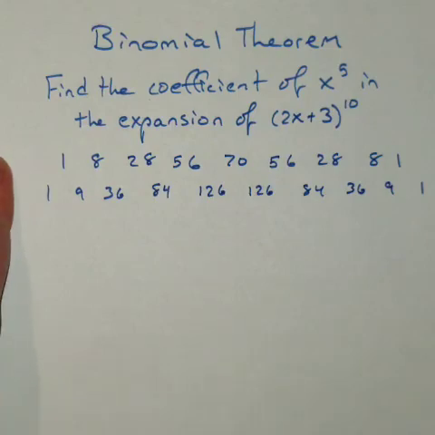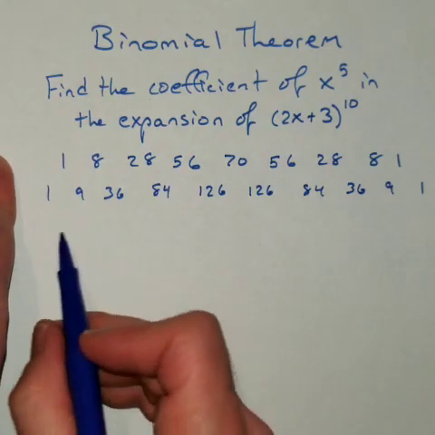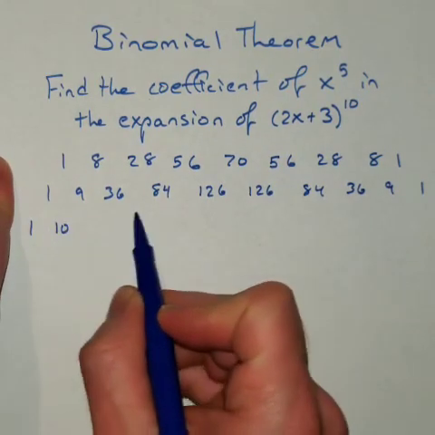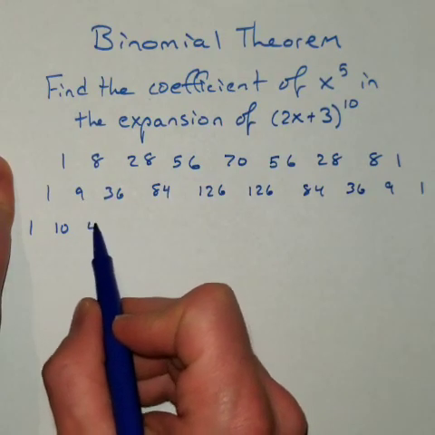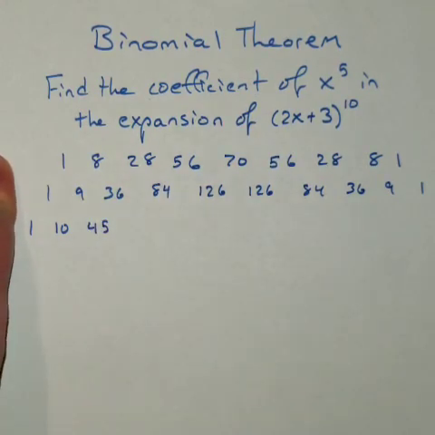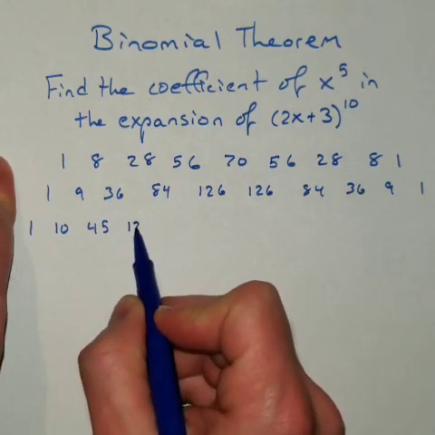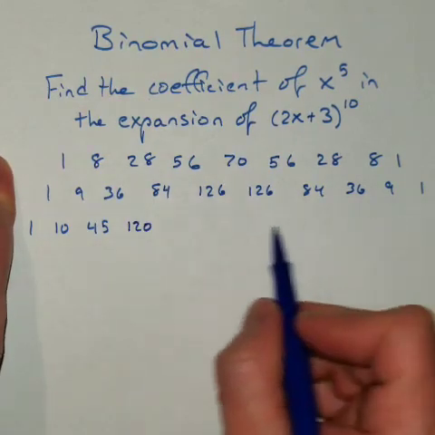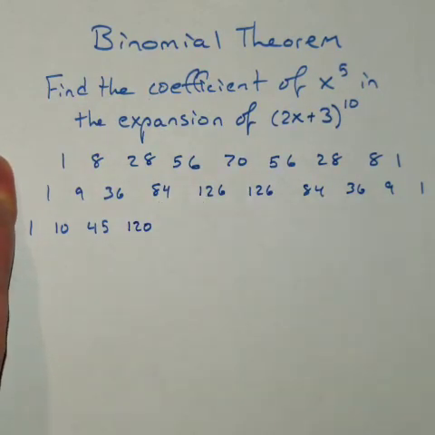Okay, so there's the 9th row, or the row with 9 in it, and then we need the 10. So the next one is going to be what we need. That's 45, 36 and 84 is, oh, I just did times. 36 plus 84 is 120. 84 and 126 is 210.